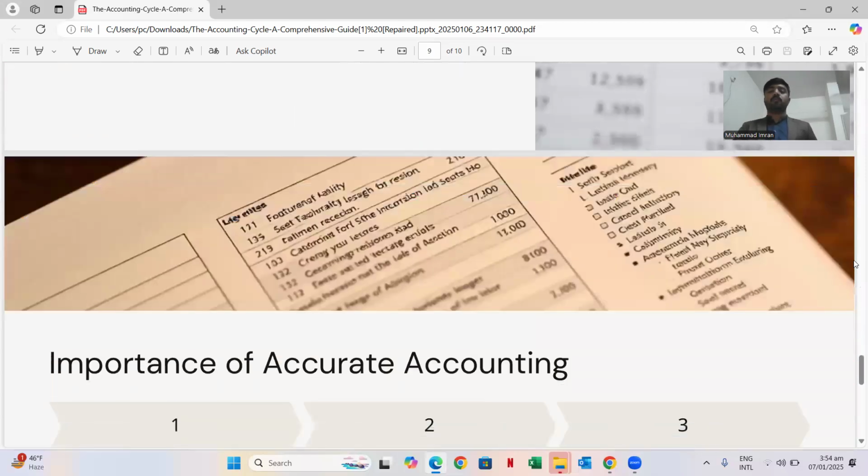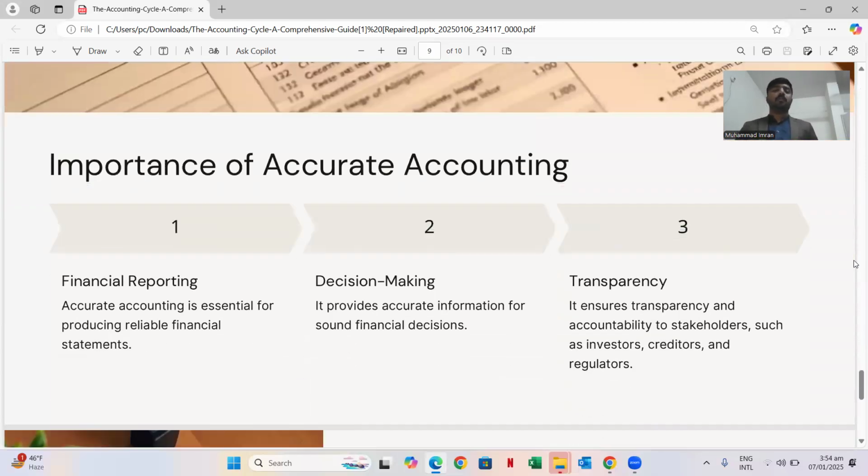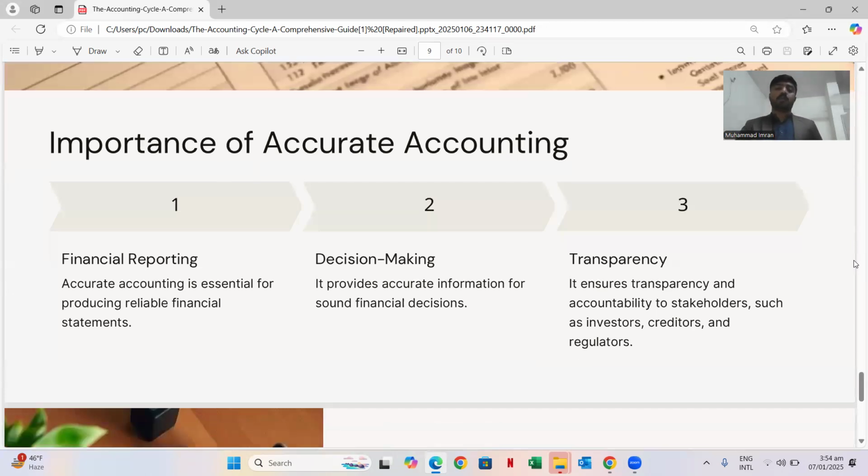So we move next, which is the importance of accurate accounting. Accurate accounting is necessary for financial reporting because these reports are seen by investors and creditors, who see the positions of the companies by analyzing them.